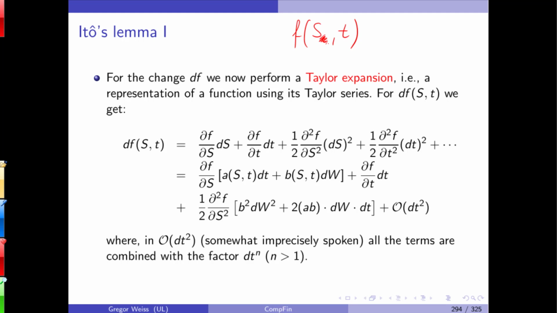And all the remaining terms have at least dt squared or dt to the third power or to the fourth power, so it's imprecisely spoken of the order of dt squared. And all the terms include dt squared, dt to the third power, and so on, higher powers of dt.